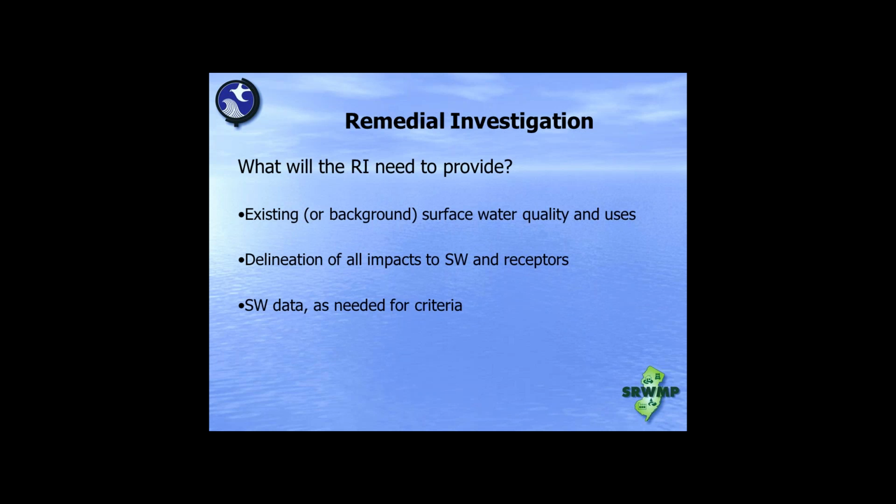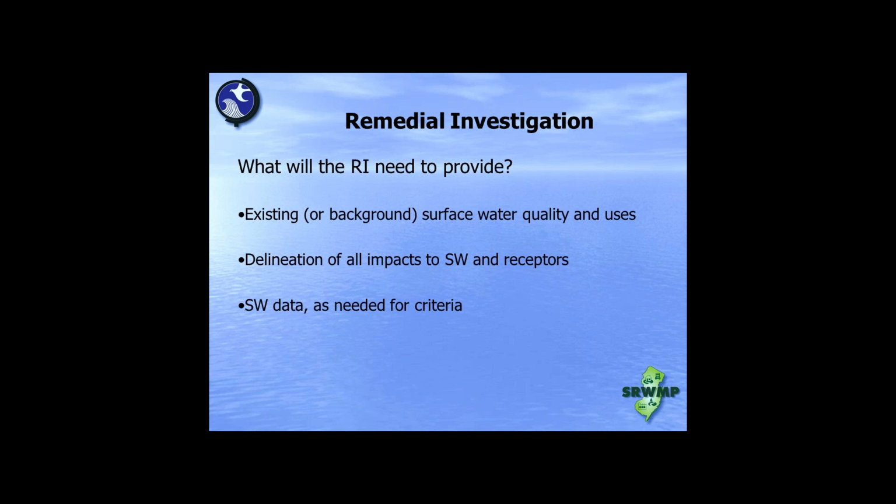Based on the surface water quality standards, existing surface water quality is needed to help define conditions outside of the groundwater discharge zone, and this data helps you understand any relative change in water quality due to the discharge. Existing surface water uses also need to be confirmed and made part of the receptor evaluation. Any IEC conditions would need to be addressed.